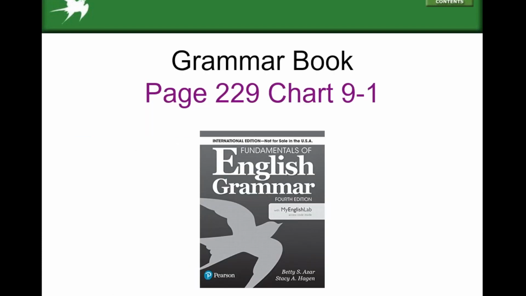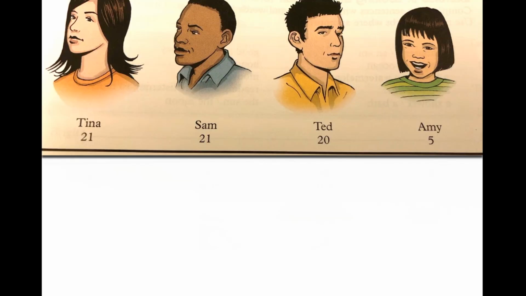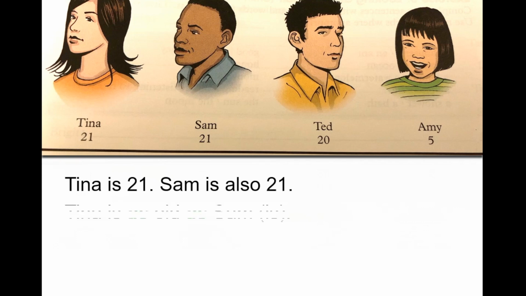Now, on page 229, you will learn how to make comparatives by using as...as. Take a look at the picture in your textbook. Tina is 21. Sam is also 21. We will say, Tina is as old as Sam, meaning Tina and Sam are the same age.